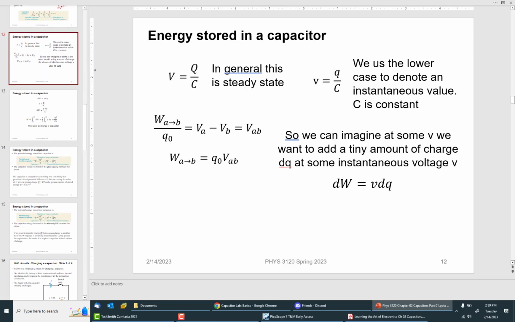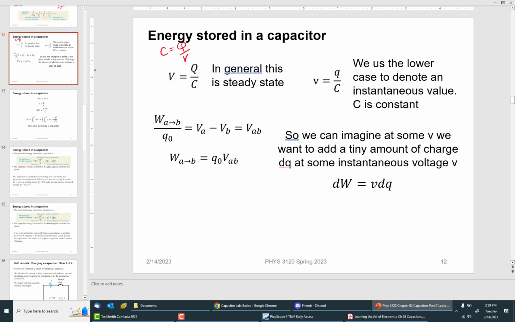Okay, what do we have here? So this is important. We want to understand it; it's a basis for trying to understand what we see in the time domain. So we have this equation here. Remember, it's C equals Q over V. But this is what's so-called steady state.